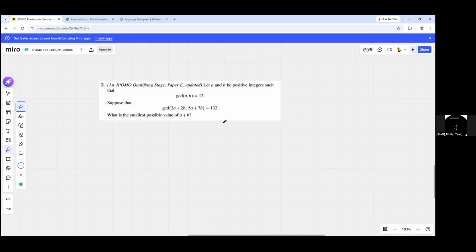Does anybody still have any ideas? Can we write the GCD of A? The GCD is the greatest common divisor. So if we were to write it as AX plus BY is equal to 12, then the greatest common divisor of two numbers.